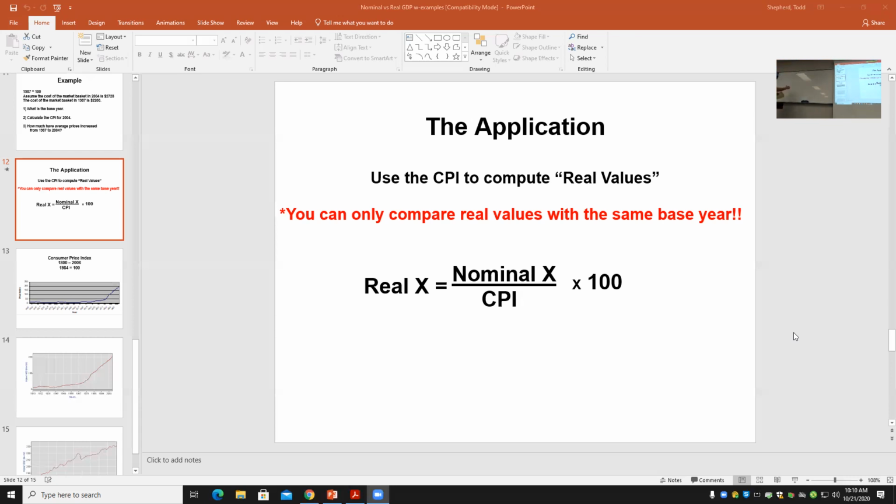And so I went out and gathered nominal wages for two years. For 1964, the nominal wage was equal to $2.50 per hour. But by the year 2012, that nominal wage had gone all the way up to $19.57 per hour.